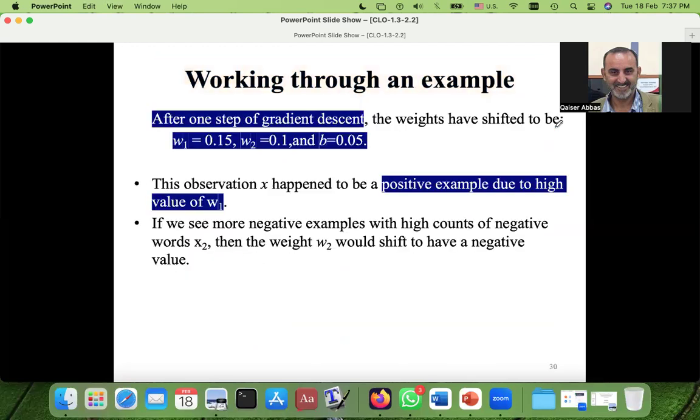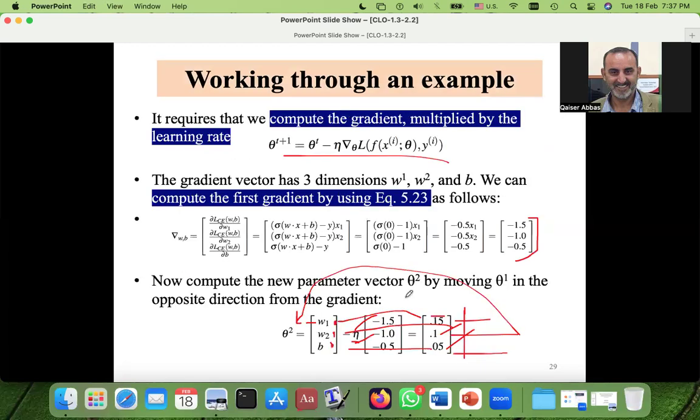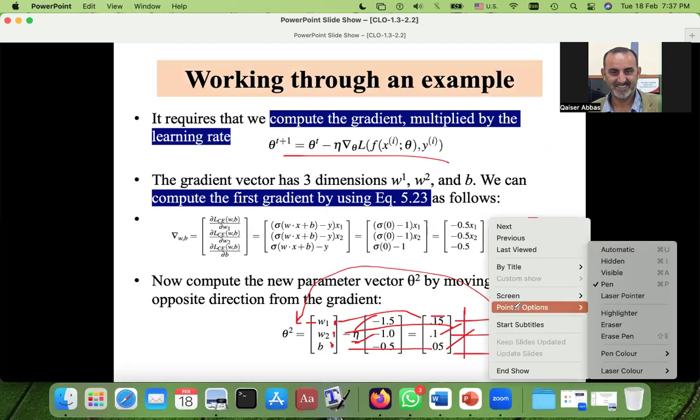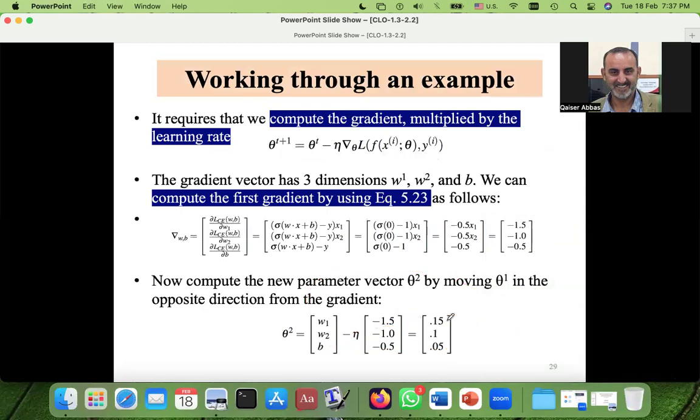If you keep on going like that, now we got these weights. For example, what idea are these weights giving us? This is W1, this is W2, this is the bias. After the first iteration, W1 has the highest value.